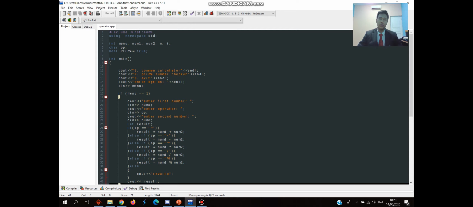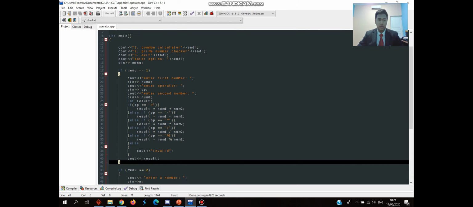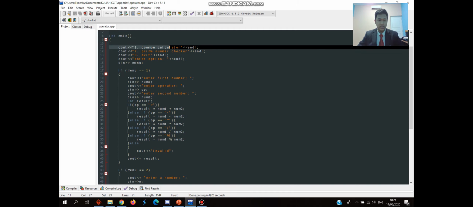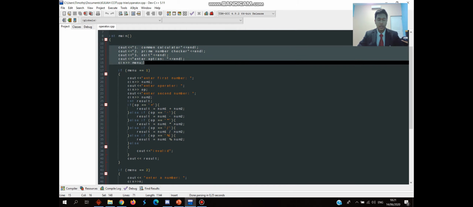In the source code, the menu variables num1, num2, and n are integers, op is a char, and prime equal to true is a boolean. Here is the option where the user has to choose between 1, 2, or 3.